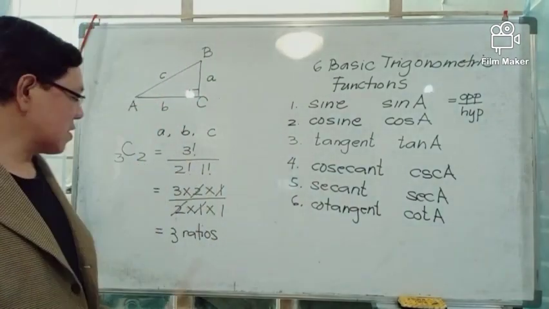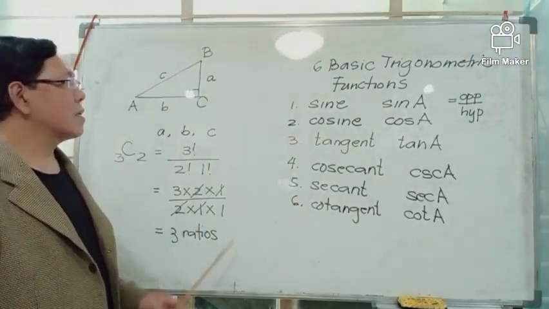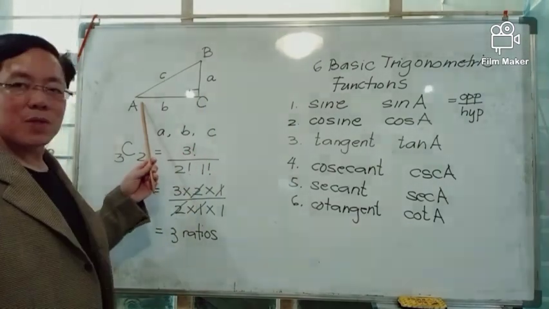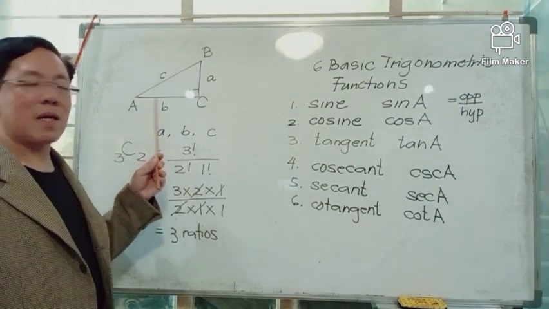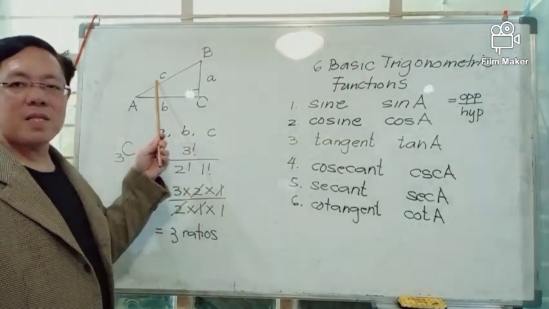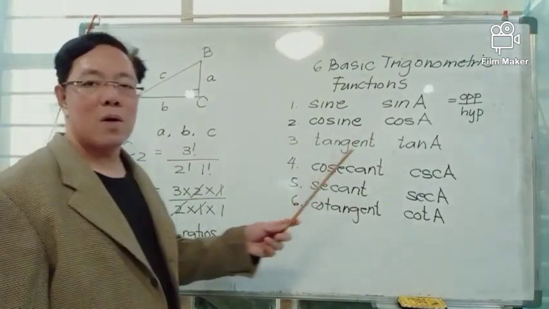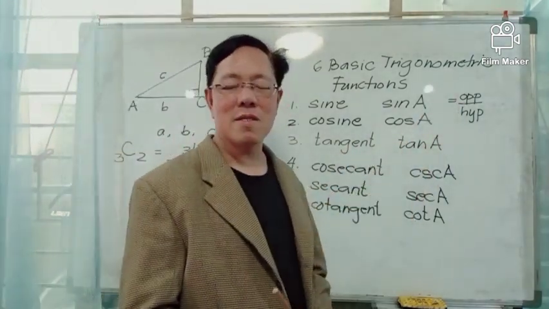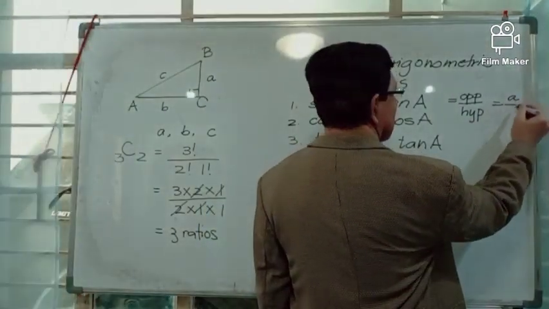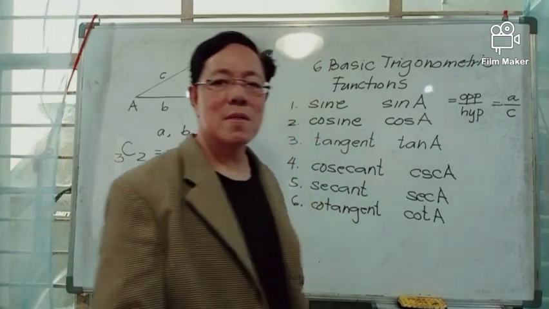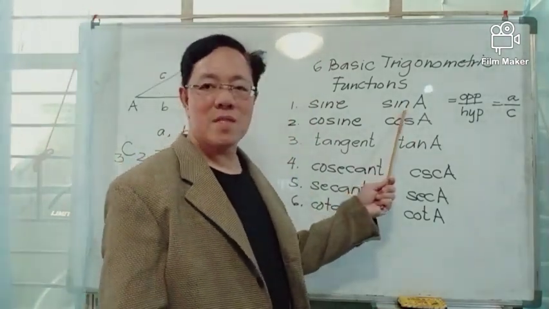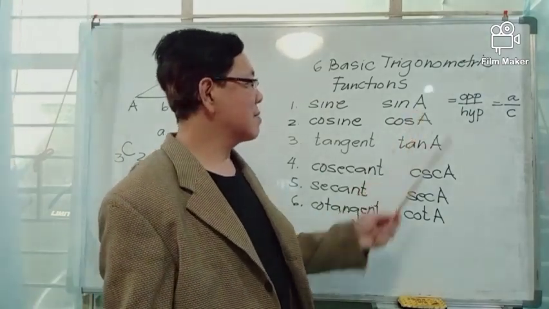Opposite is the side small a, and hypotenuse is the side small c. This ratio is the value of the sine of the acute angle A.